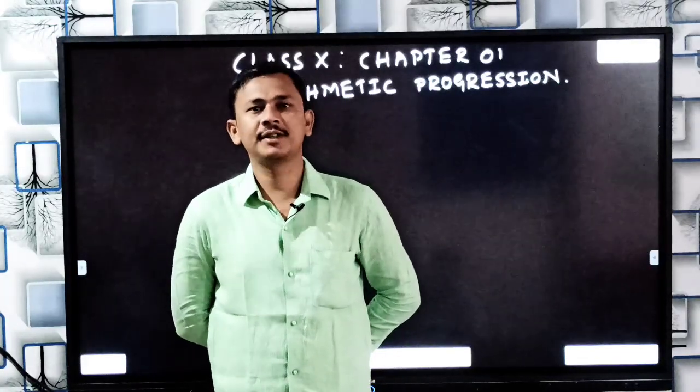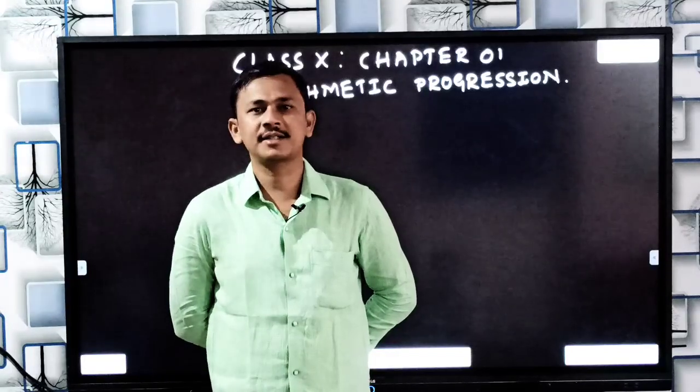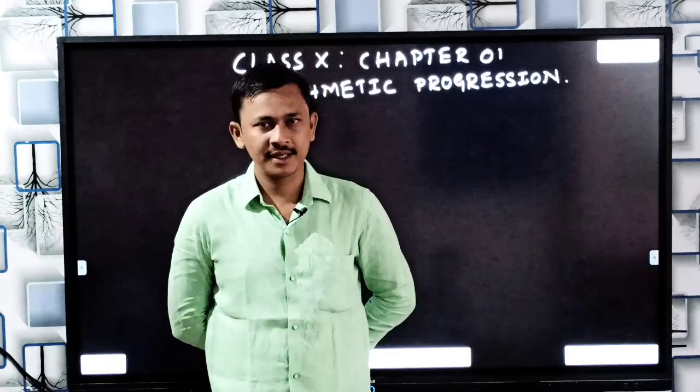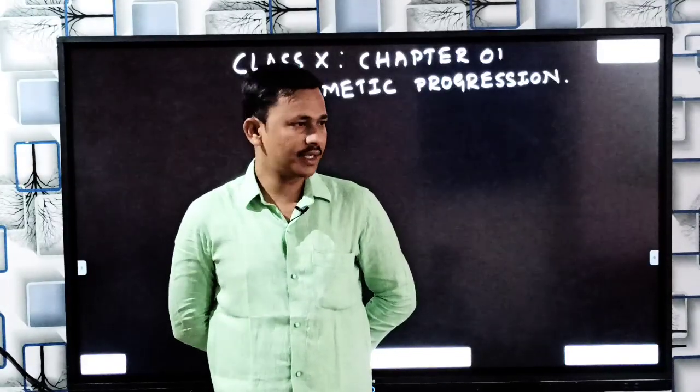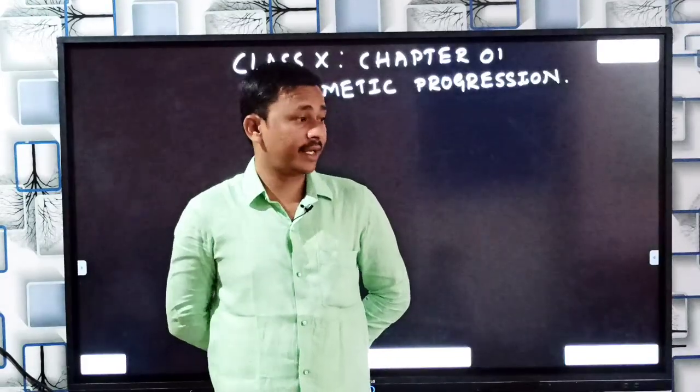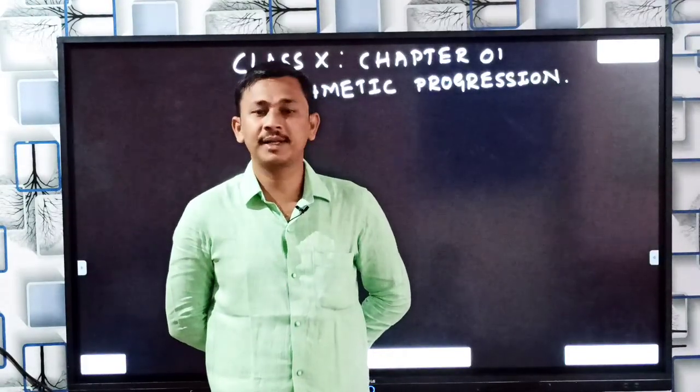Today we will be starting with chapter 1, class 10 mathematics, that is arithmetic progression, in which we will be learning it in detail. What is the meaning of arithmetic progression?